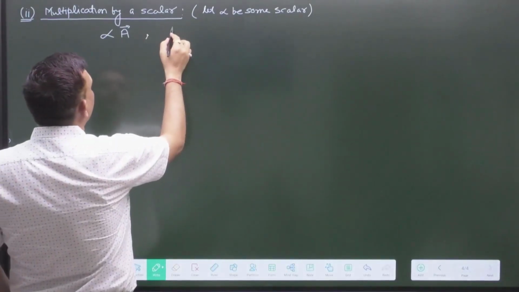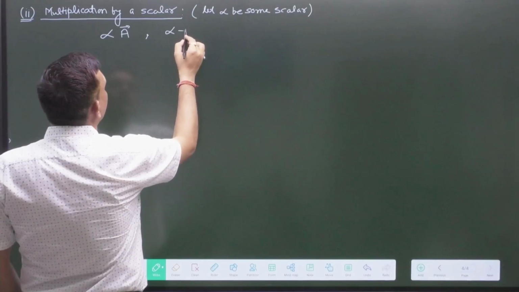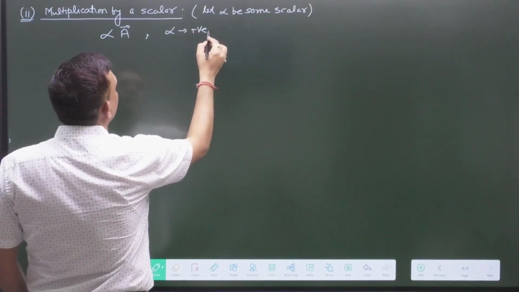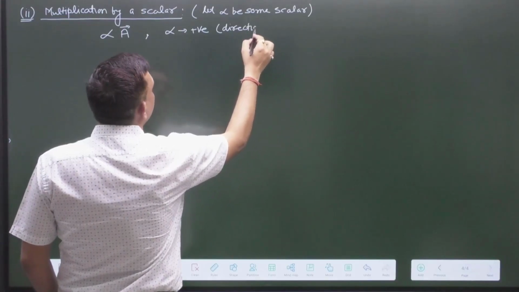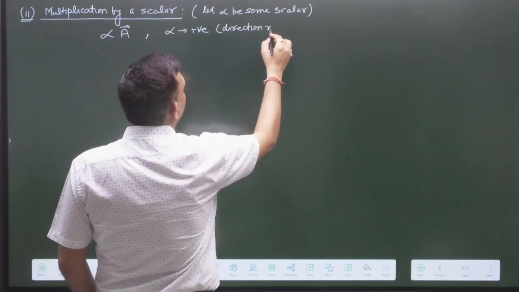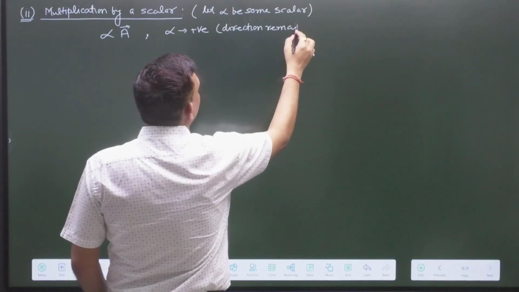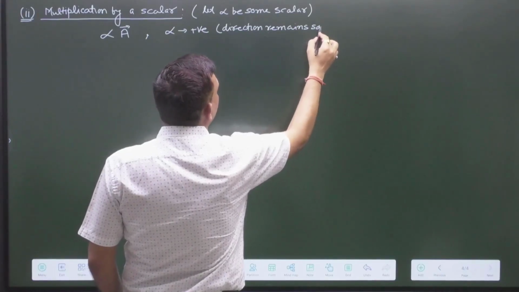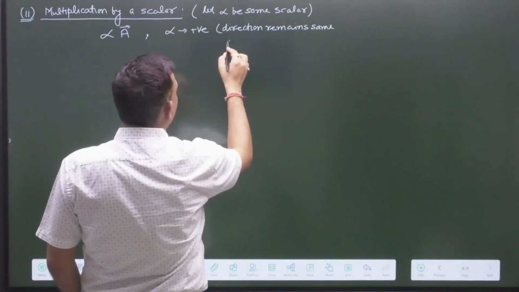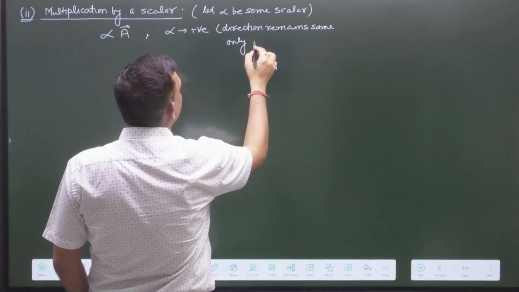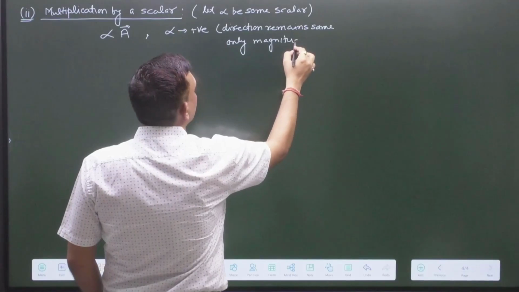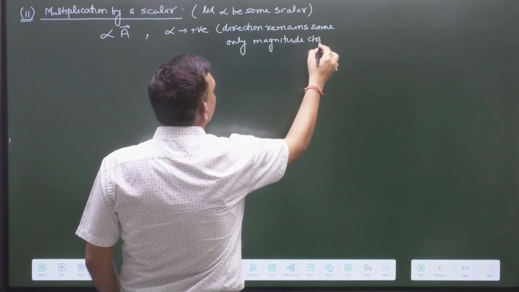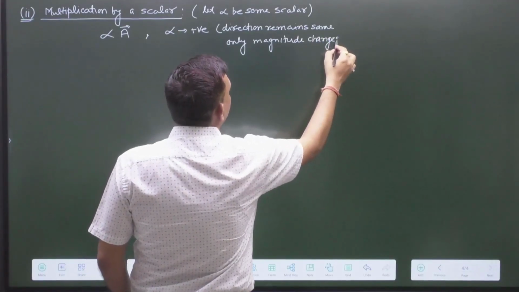If alpha is positive, direction remains same. Only magnitude changes.